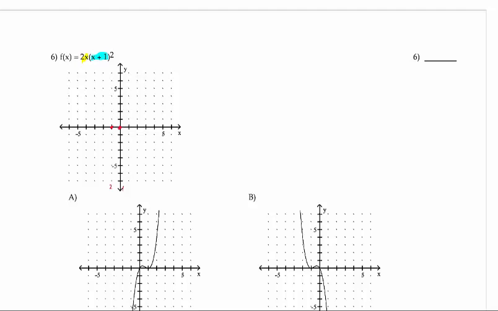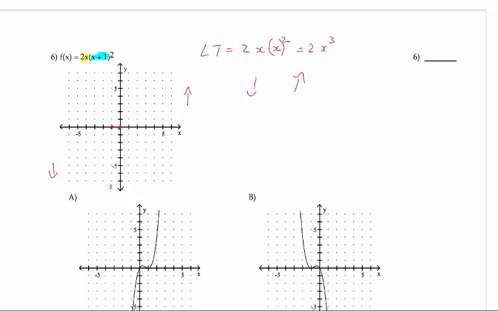Next order of business is to determine the lead term, and so the lead term is simply going to be 2 times x squared, which means we have 2x to the 3rd power. It's going to behave like this.